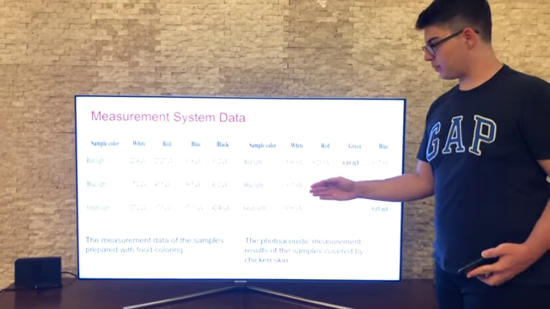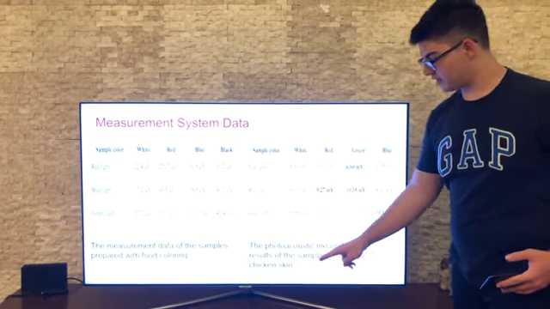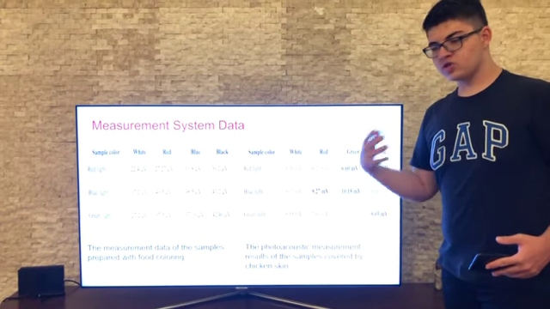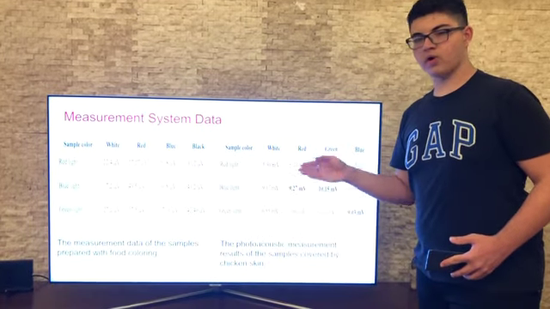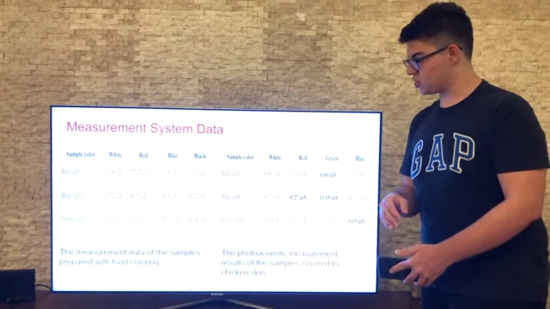In the second table, we see the measurements taken with the samples that were covered by chicken skin. We used chicken skin so we could detect if this measurement would work with samples covered with biological tissue.